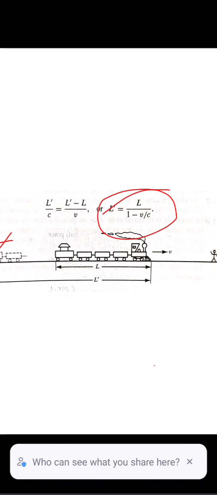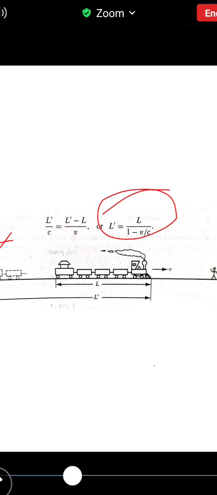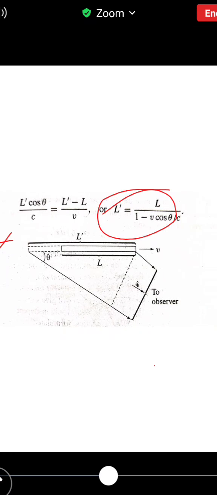Okay, next, in case the observer observes the train at a certain angle theta, what happens to the length of the train? You can see in this diagram, this is the observer, observing the train moving.